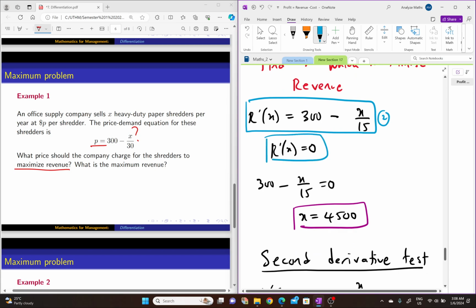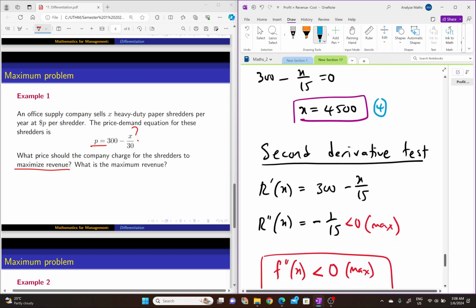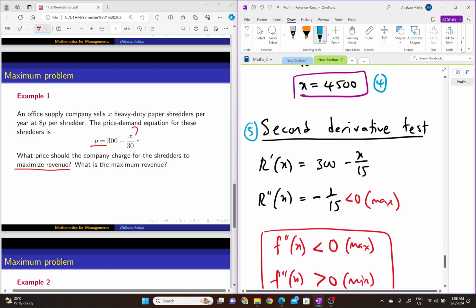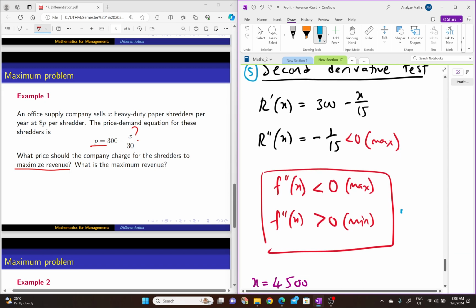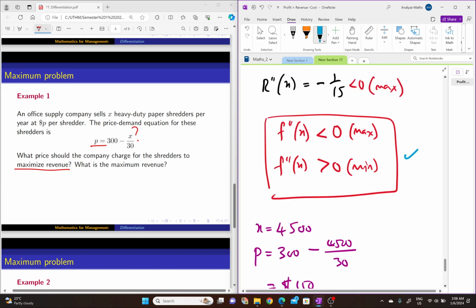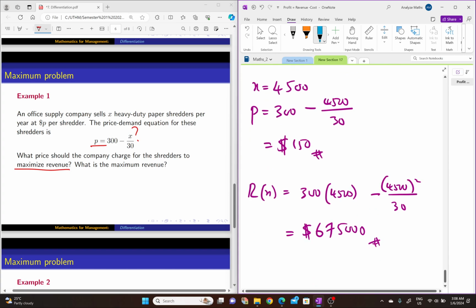Equate the derivative with 0 and find the x. Once you find the x, the fifth step is to test whether this x gives you maximum revenue. This is the rule: if it is less than 0, it is maximum. If it is greater than 0, it's minimum. And then for the rest, you just answer the question.